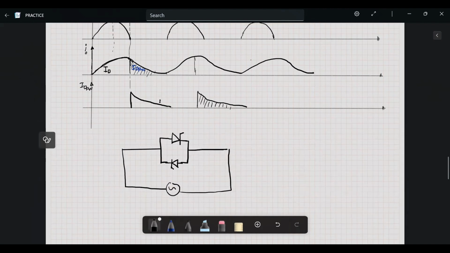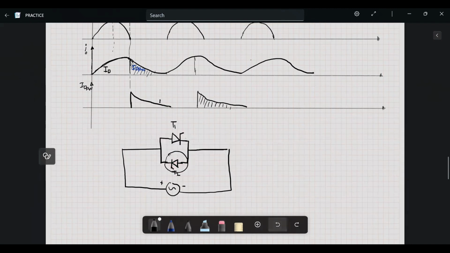When this side is positive, let's say this is thyristor 1 and this is thyristor 2, thyristor 1 will be forward biased, and its cathode is connected to the negative terminal. So this thyristor will be forward biased, and the other one will be reverse biased.